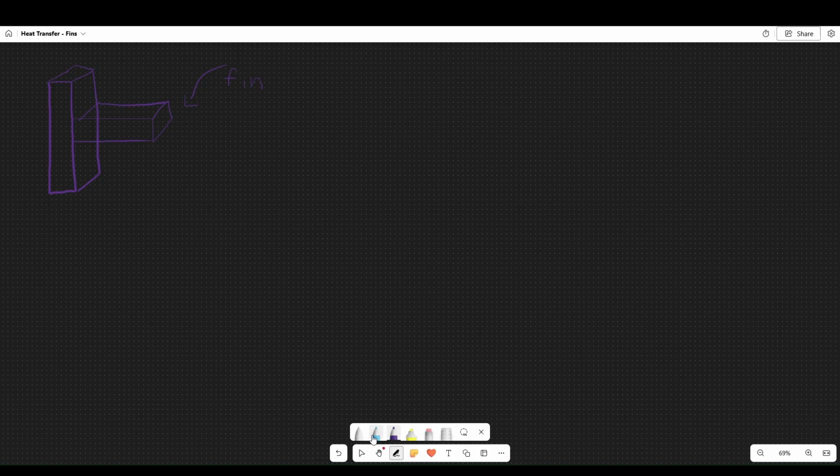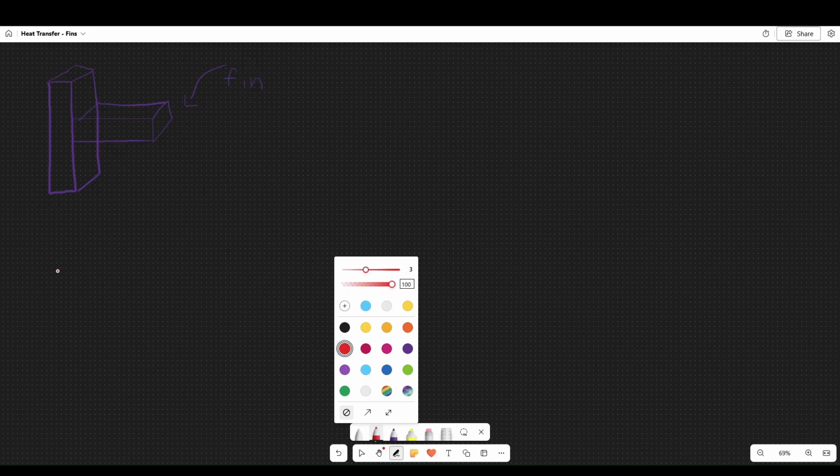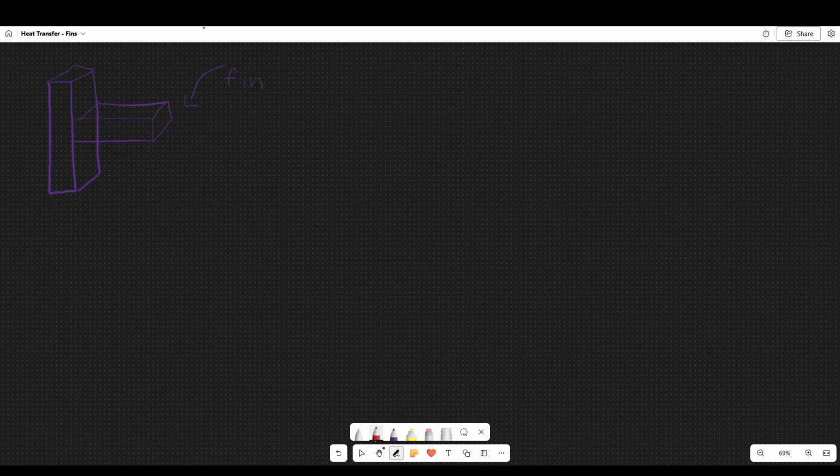And if I was to label other aspects of it, for the temperature profile we would have a high temperature at the hot block, and that would slowly decay over the course of the fin. So this would be the temperature profile. Let's say T_profile in red.